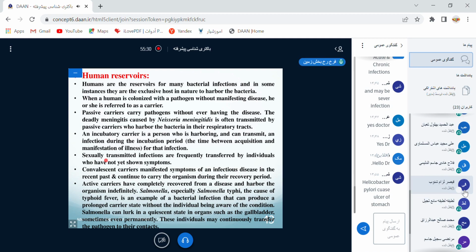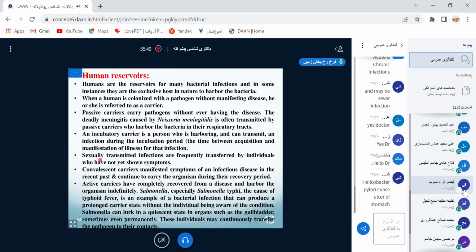Another example is sexually transmitted infections. Sexually transmitted infections are frequently transferred by individuals who haven't yet shown symptoms.